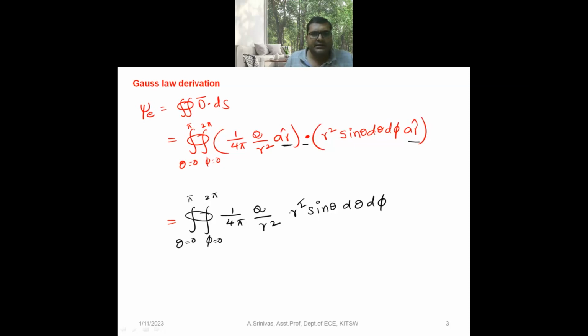Now r square gets cancelled, and the integration of d phi from 0 to 2 pi is equal to 2 pi.